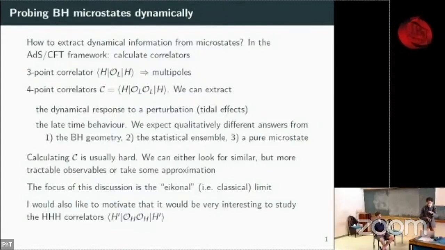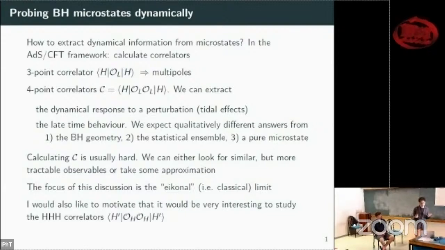And you can also see this observable, and there's been like 20 years of discussion, as a very clean, concrete setup to study information loss, right? In that case, you want to see what is the late time behavior. So you insert some perturbation at zero time, and then what happens at very, very late time. So calculating this 4-point correlator is very hard to do exactly.